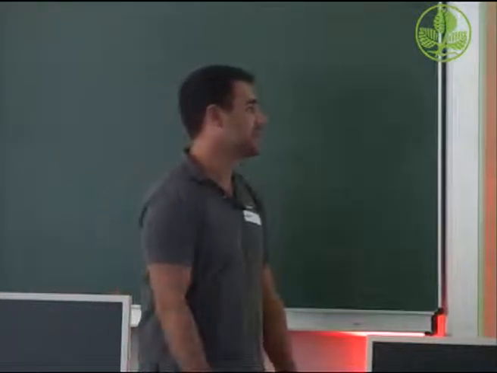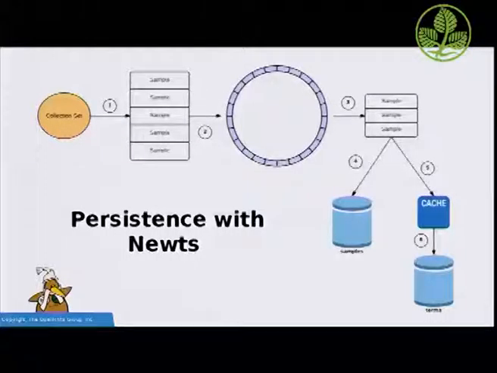So in the case of the Newts persister, we're going to convert that collection set to a series of samples. That's the structure that we showed earlier, and that's what's used within the Newts API. Then those samples are going to be pushed to a ring buffer. This ring buffer is of a fixed size, lives in memory, and is used as a temporary queue, right? Then we're going to pop off those samples in smaller chunks, right?